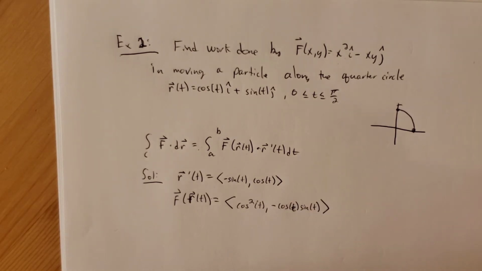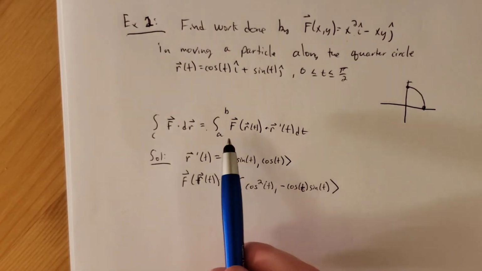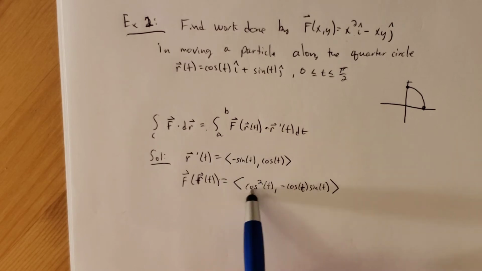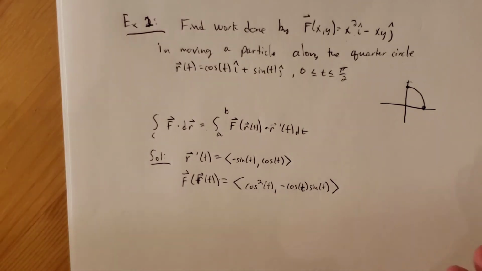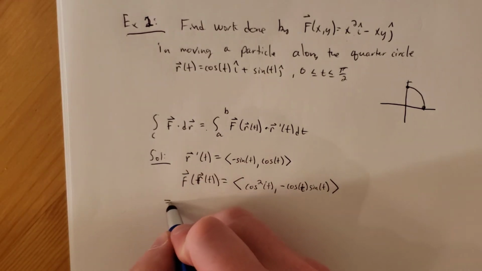All right. Now again, we need to calculate the integral from a to b of F of r of t dotted with r prime, and then integrate with respect to t.